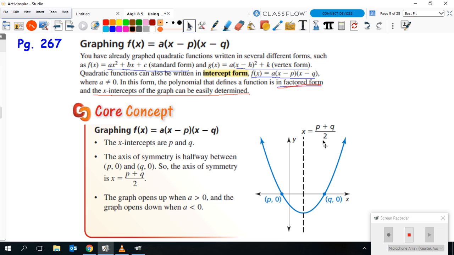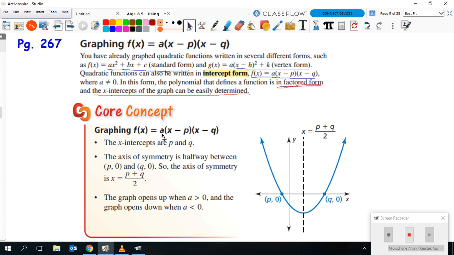But just the x itself will give us this dashed line of the axis of symmetry, which cuts the parabola into two equal halves. And you can see, like I said, these factors here are the x-intercepts. It's where the graph is going to cross the x-axis. So the graph crosses here at p, here at q: p comma 0, q comma 0, when y is equal to 0. And again, same thing, like I said here on the graph, it opens up or down based on the a being positive or negative.